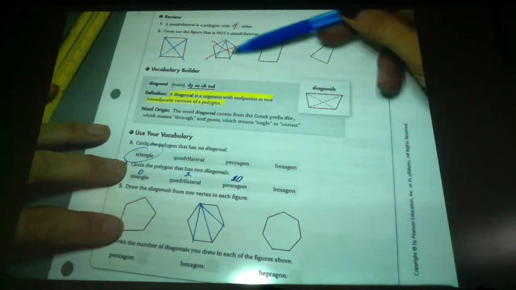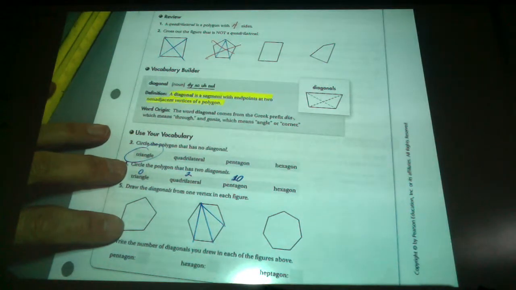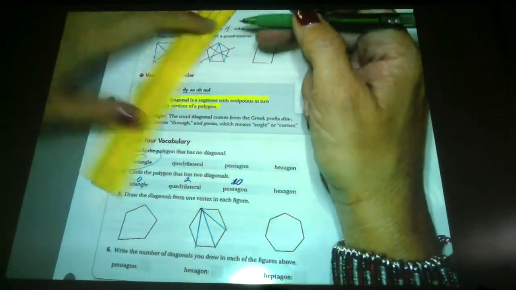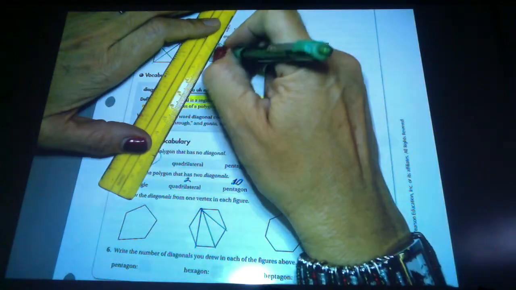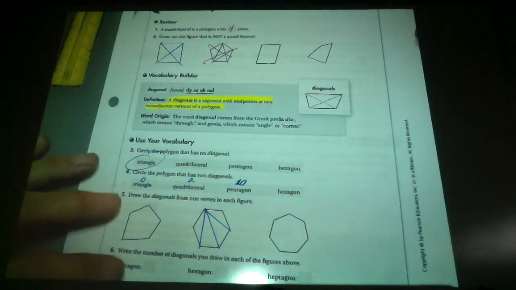Even though we said there was 10 with a pentagon, look what happens if I change color. And I'm going to draw diagonals from this vertex right here. Doesn't that become the same diagonal, that one? That one, so some of them are doubled up, aren't they? So the pentagon really isn't going to have 10 total, but it certainly has more than two, doesn't it?